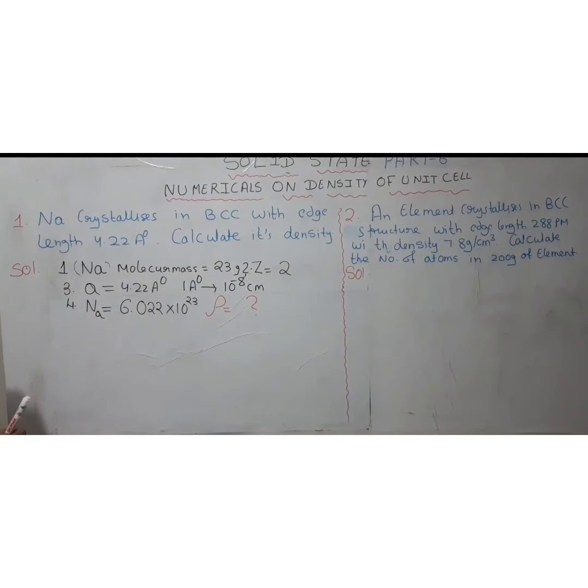First of all we will write the formula for finding the density of the unit cell. The formula was rho equals Z into M upon Na multiplied by a cube, that is the number of atoms multiplied by molecular mass, divided by the Avogadro number multiplied by the edge length cube.